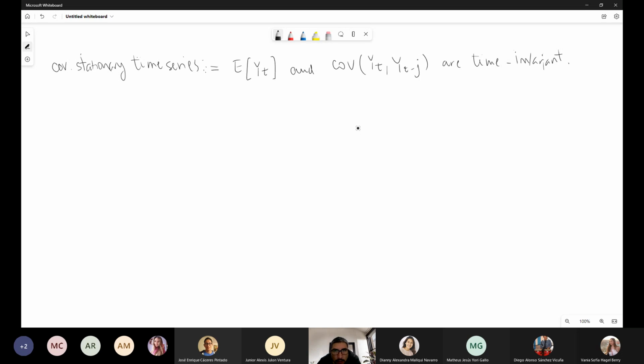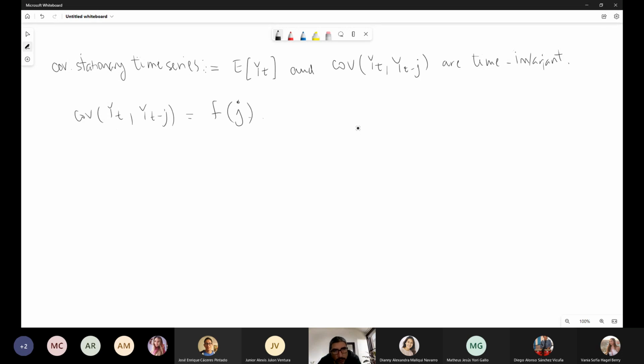That means that if the covariance of yt, this can be a function, okay, but the arguments in this function won't be t, can be j, for example.